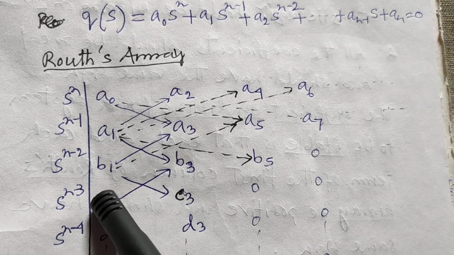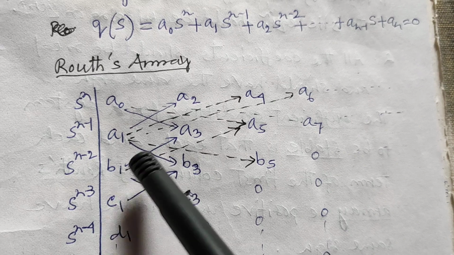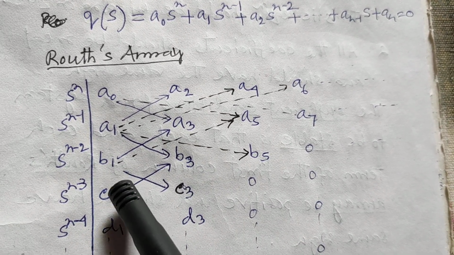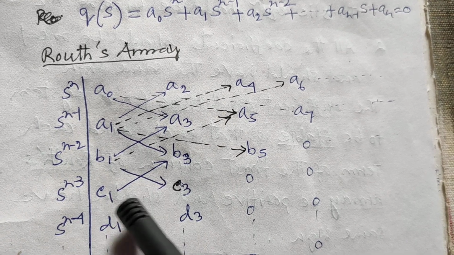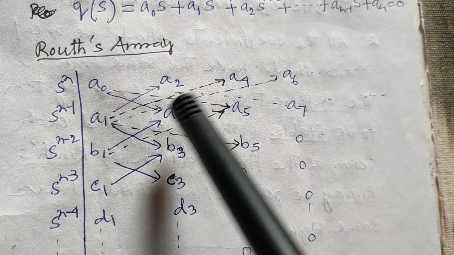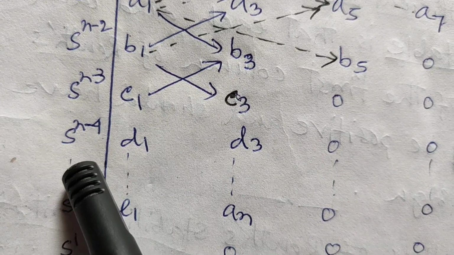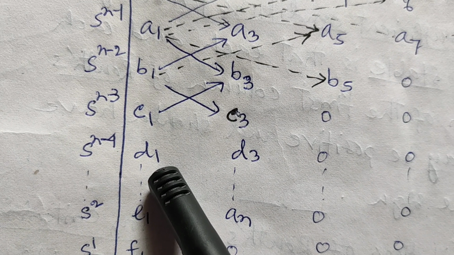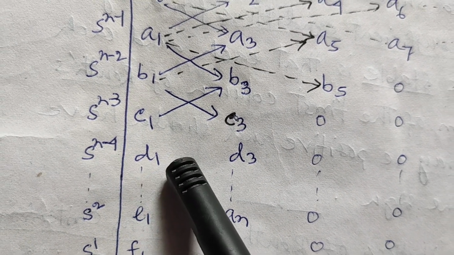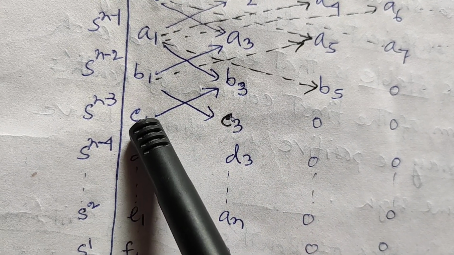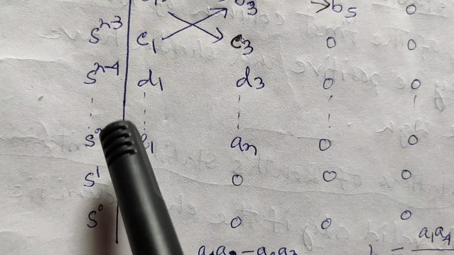Similarly, for s^(n-3), c1 is (b1 a3 minus a1 b3) by b1 and c3 is (b1 a5 minus a1 b5) by b1 and so on. For s^(n-4) we call it d1, meaning (c1 b3 minus b1 c3) by c1 and so on.